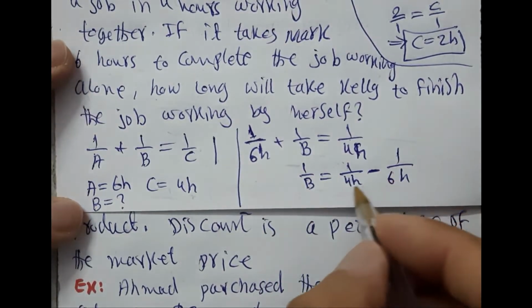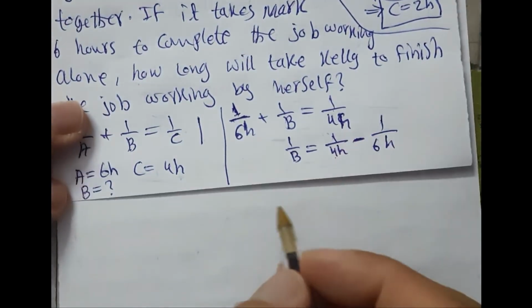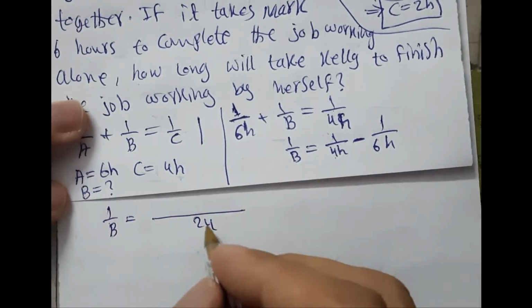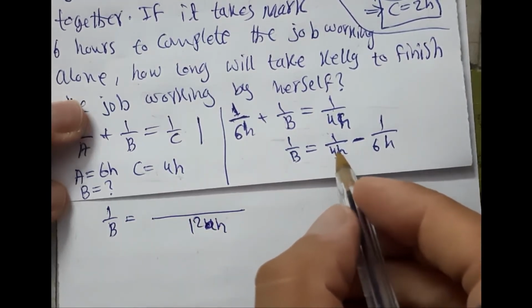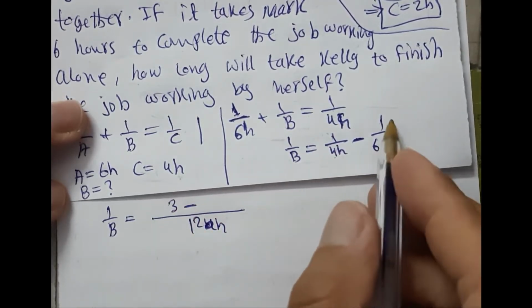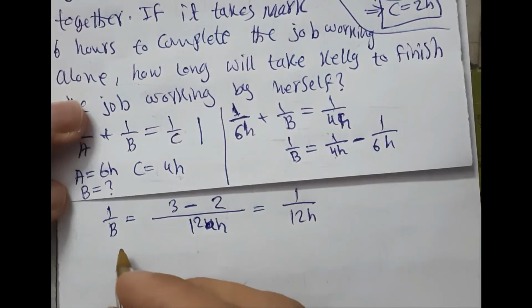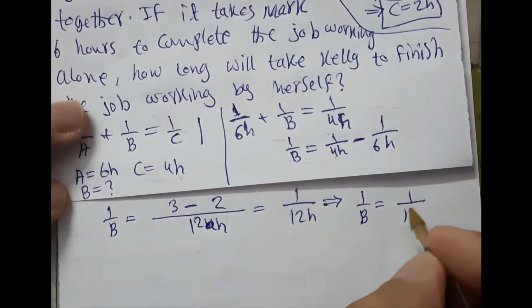Now we want to take the common denominator between 4 and 6. The common denominator is 12. 12 hours divided by 4 is 3 times, 3 multiplied by 1 is 3, minus 12 divided by 6 is 2 times, 2 multiplied by 1 is 2, is equal to 1 by 12 hours. Now this implies 1 by B is equal to 1 by 12 hours.